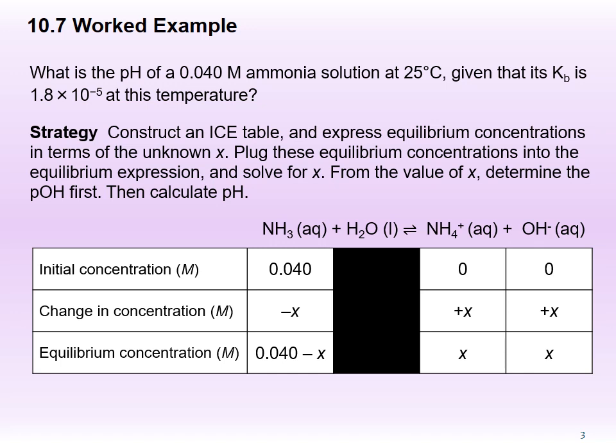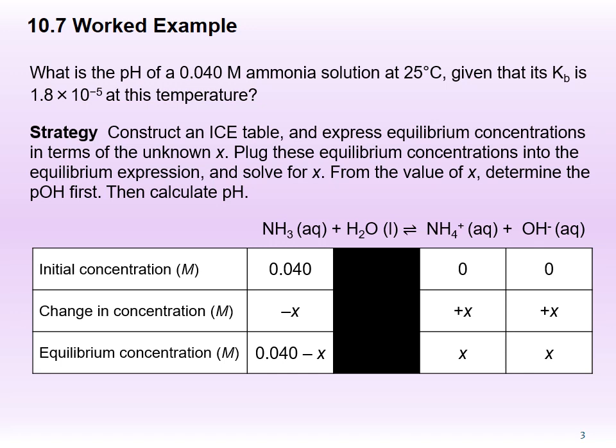Here is an example. What is the pH of a 0.040 molar ammonia solution at 25 degrees Celsius, given that its Kb is 1.8 times 10 to the power of -5 at this temperature? First, recall that ammonia is a weak base. If you can't remember that, notice that the Kb value is smaller than 1. This signals that ammonia is not completely ionized in solution.